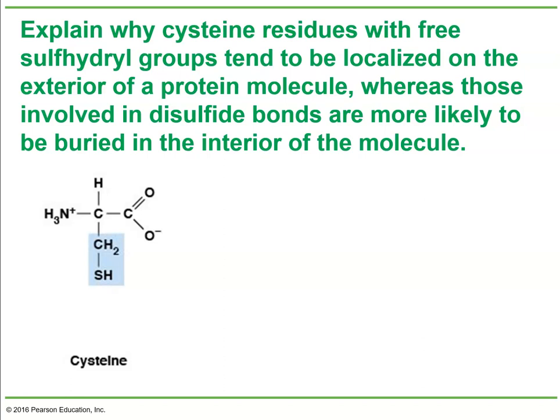I'd like you to explain why cysteine residues with free sulfhydryl groups tend to be localized on the exterior of a protein molecule, as opposed to those involved in disulfide bonds, which are more likely to be buried in the interior of the molecule. So take a moment and write this answer down, and once you're ready to go, you can resume the video.